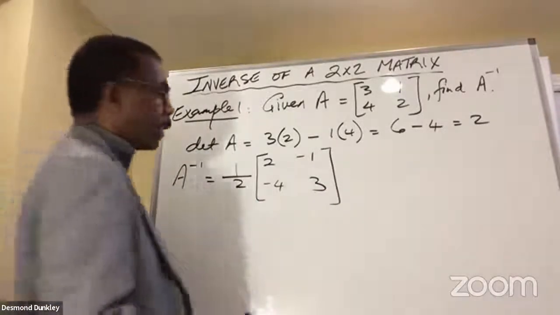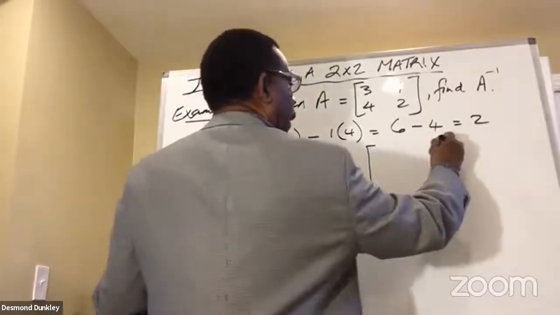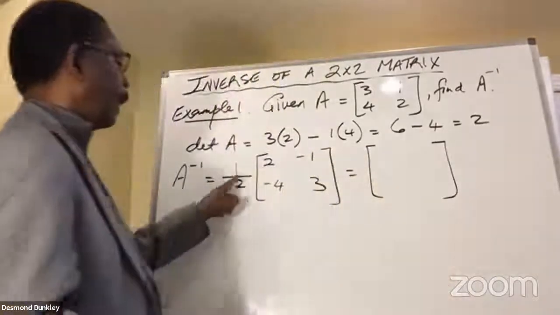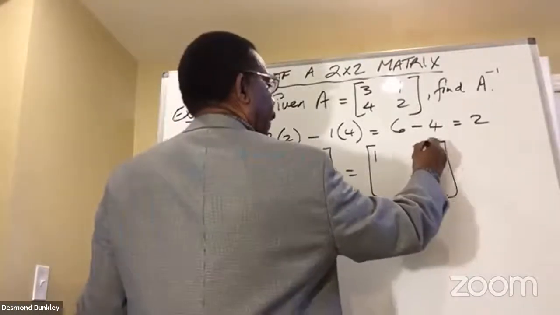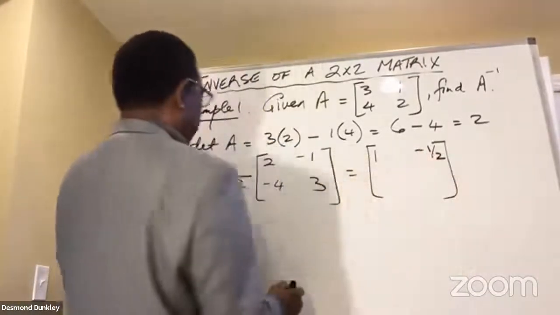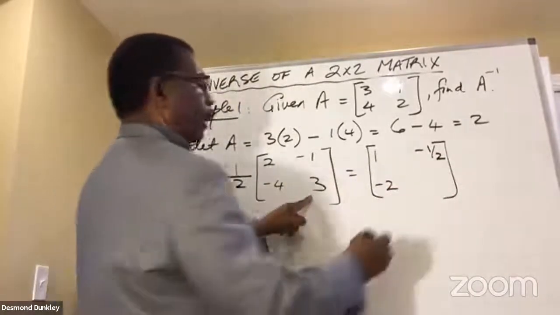So your final result is going to be a half times 2 is 1, negative a half, negative 2, and 3 over 2.